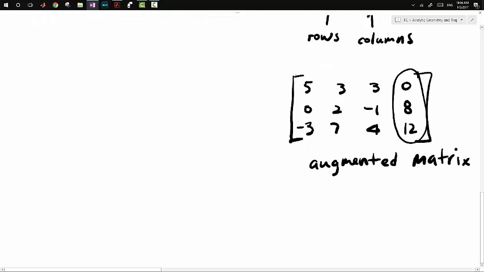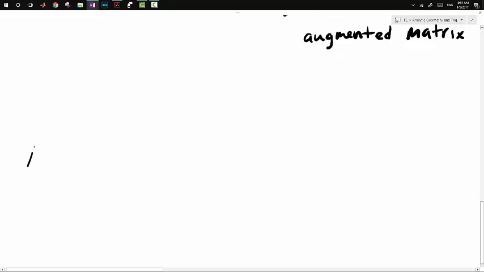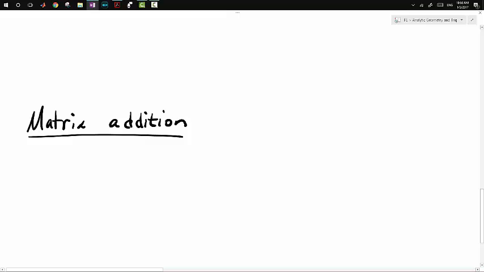So now let's talk about matrix addition. So let's do a quick example.